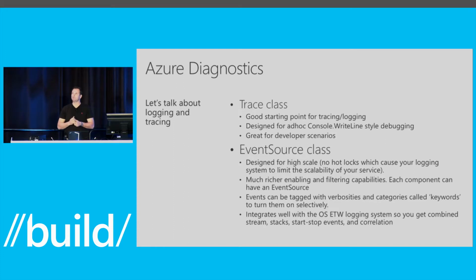So with the Azure SDK 2.5, we started supporting ETW event source in Azure Diagnostics. And this is something we've been working on to get in with the CAT team for a while. Our CAT team, the customer advisory team, looks after all the high-scale services.